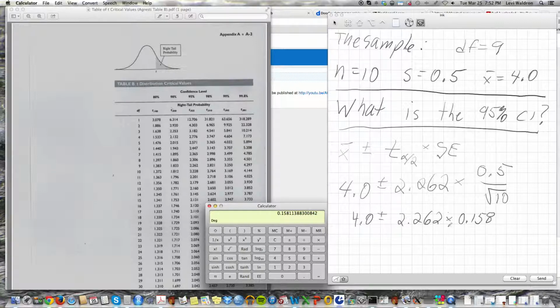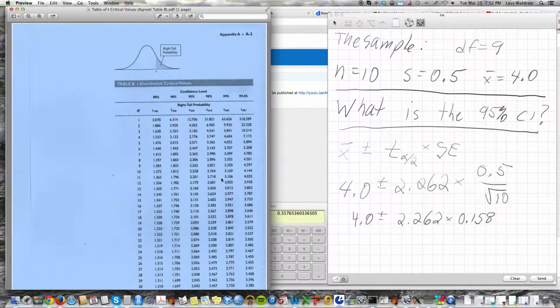Remember your order of operations, multiplication comes before addition, so we multiply these first. I'm going to multiply this times 2.262. And that's 0.357, so this is 0.358, rounding up.